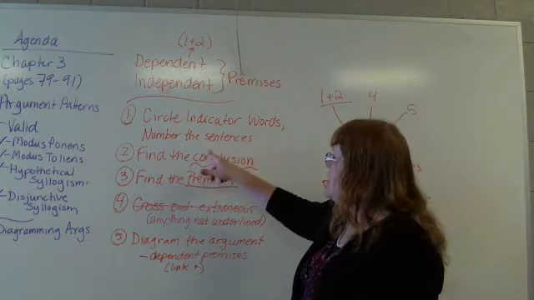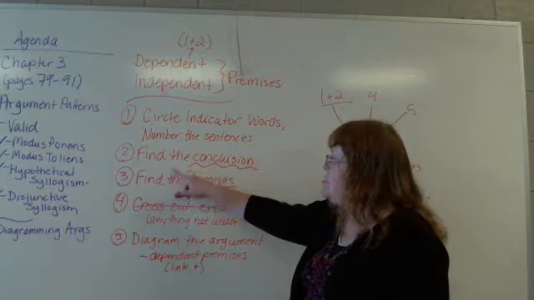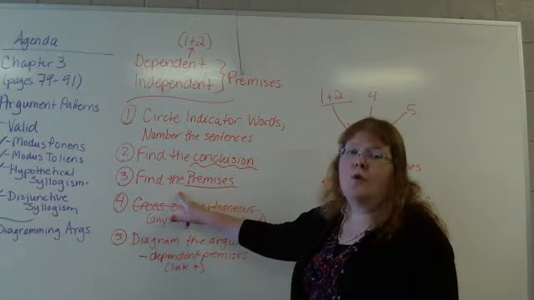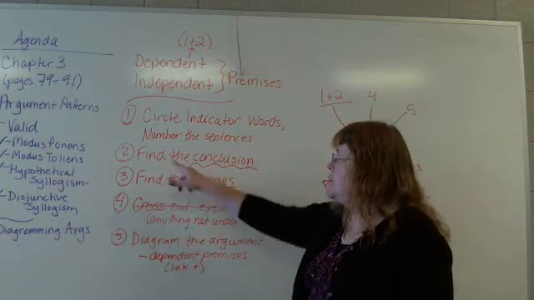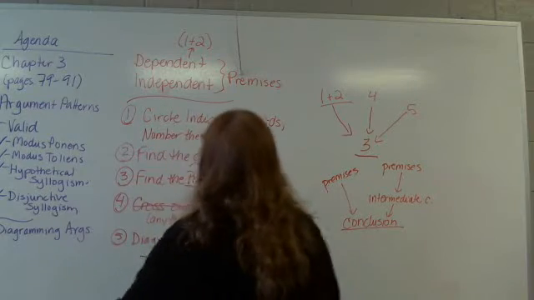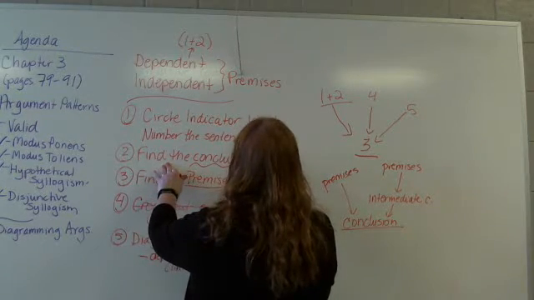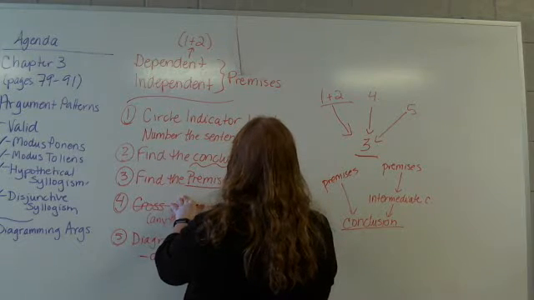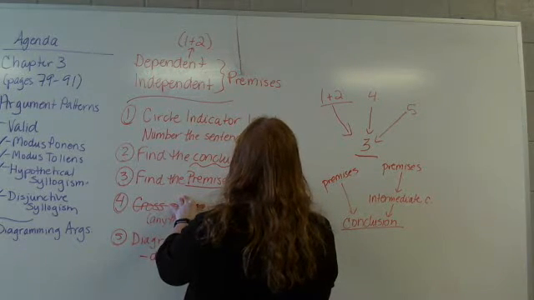As long as you're telling me in number 2 and number 3 what the conclusion is and which sentences are the premises. So in number 2, I'm going to do this in the book, but I'm going to say, find the conclusion. Sentence number 3 is my conclusion. The premises are numbers 1, 2, 6, and 7.